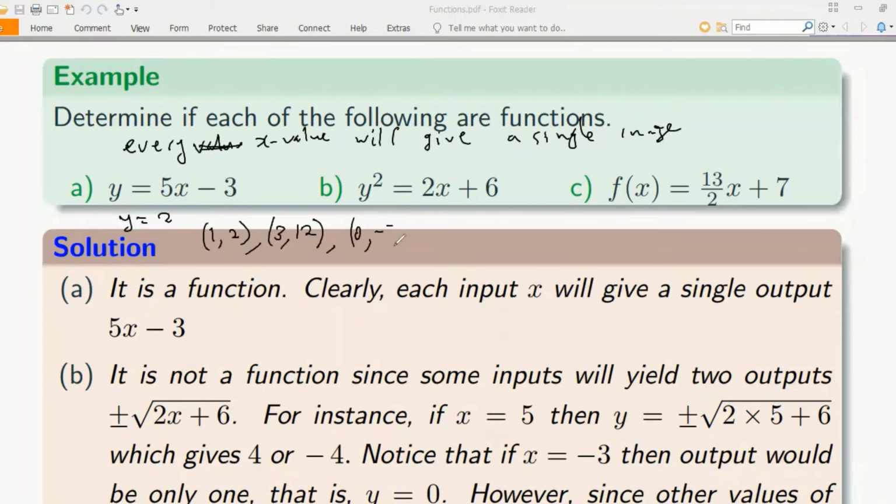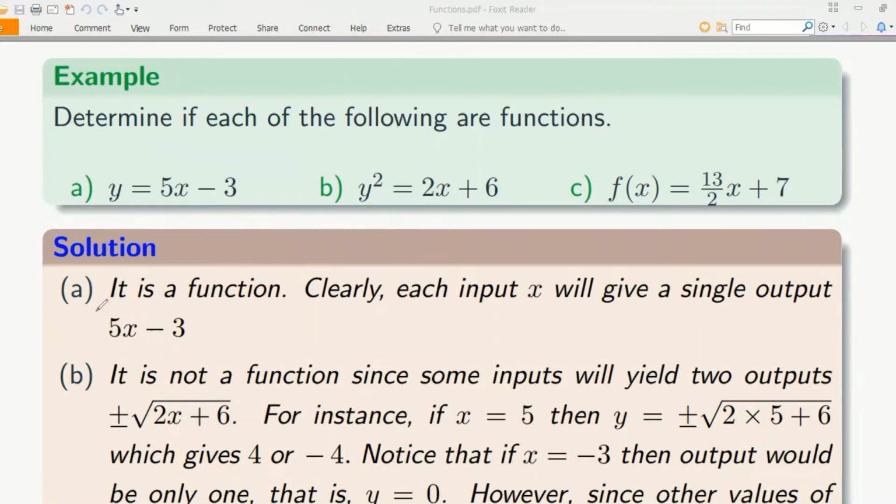Negative 3. So you can see that every value of x has only one value of y. And therefore, this one becomes a function. That's what I've said here: it is a function because each input x will give a single output. So this one becomes a function.